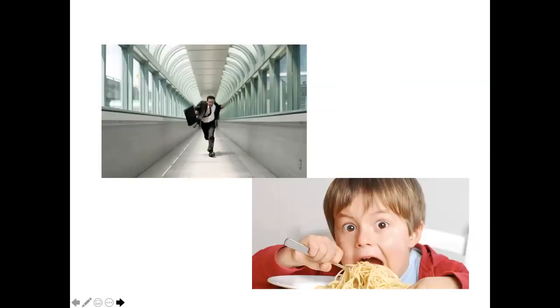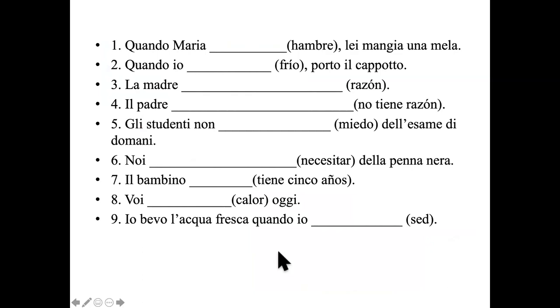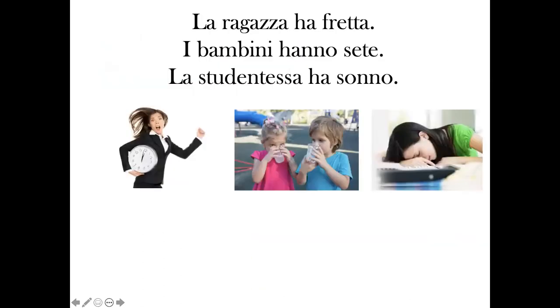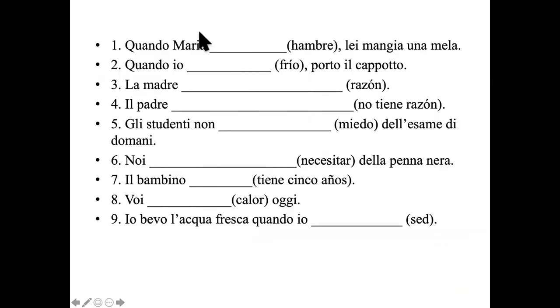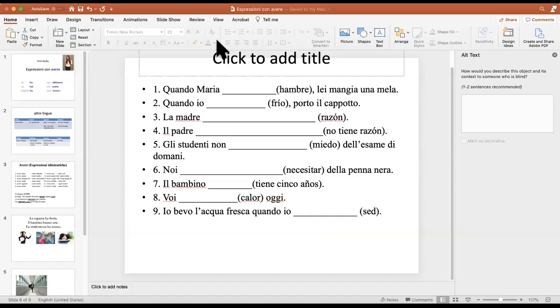Va bene? Poi, these are the first 9 exercises from your quaderno, the corresponding page with Espressioni con Avere. Allora, quando Maria, so you need to see who is the subject. Maria is the same as lei, she. When she is hungry, mangia una mela, she eats an apple.